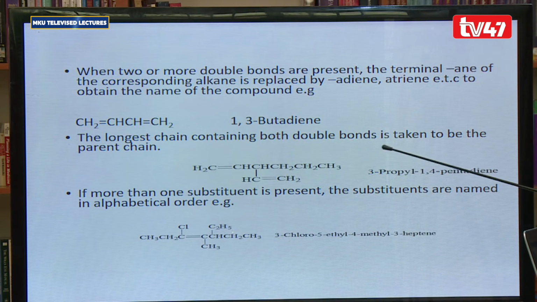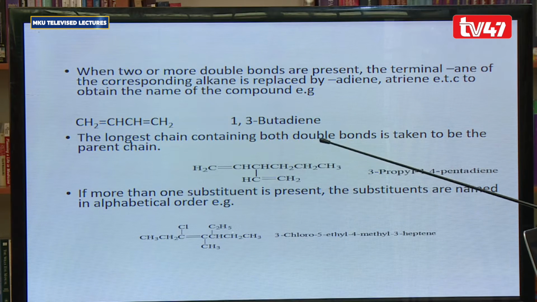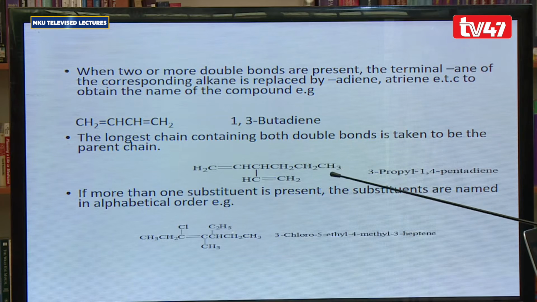So the longest chain rule applies in alkenes, just like in alkanes. In this case, the chain contributing the largest number of double bonds is considered. So the double bonds should ideally be included in looking for the longest chain to name.